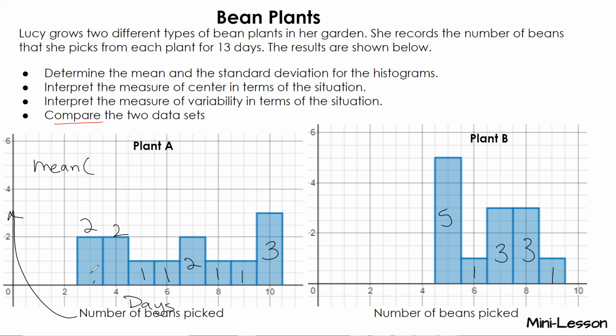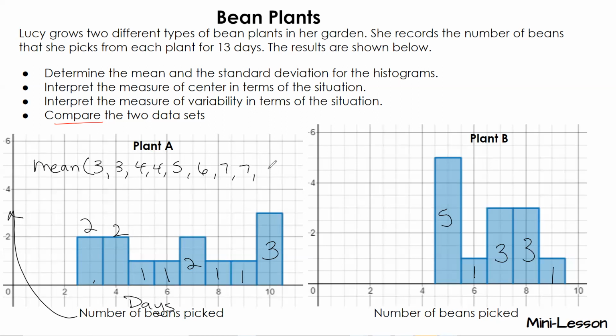Okay, so on here, we're saying on day 3, we picked 2 beans, right? Yeah, but according to what a histogram does, that means that we would have 2 3s. Okay, so 1 5, 1 6, 7.